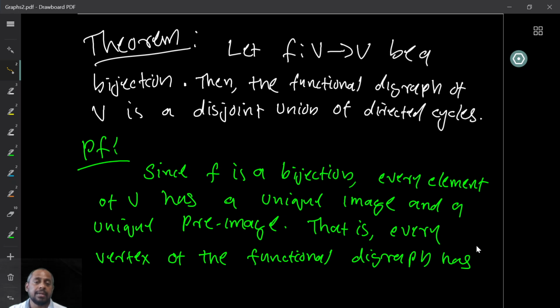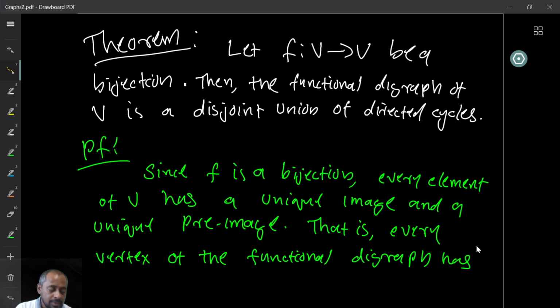Because it's a function, it has a unique image, and because it's a bijection, it has a unique pre-image. Which means that every vertex of the functional digraph has out degree equal to 1, and in degree also equal to 1. So precisely one outgoing edge and one incoming edge.